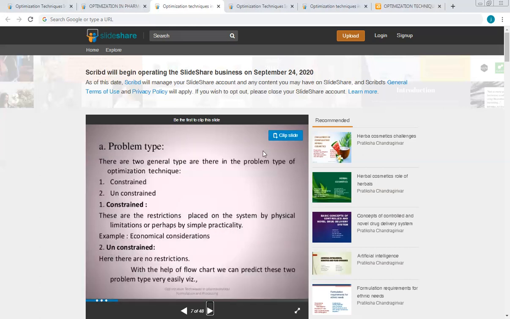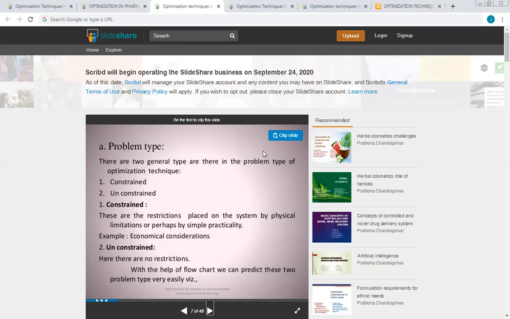So, the problem type. There are two general types of problem in optimization technique, constrained and unconstrained. Constrained problems have restrictions placed on the system by physical limitations or perhaps by simple practicality.